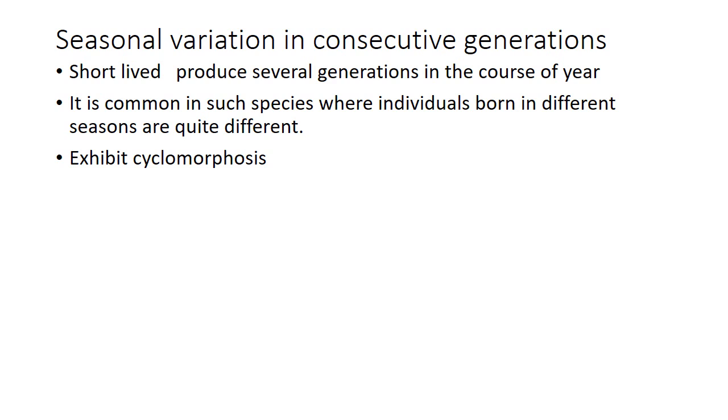Then we have a concept of cyclomorphosis. It is a special kind of seasonal variation which is found in certain freshwater organisms, particularly rotifers and cladocerans. The population of a species undergoes regular morphological changes through the seasons in connection with the changes in temperature, turbulence, and other characteristics of the water body.